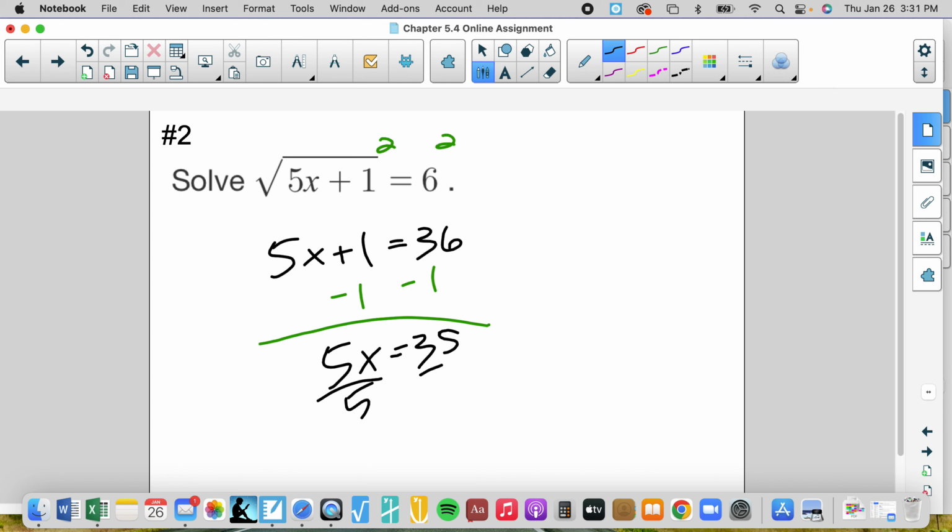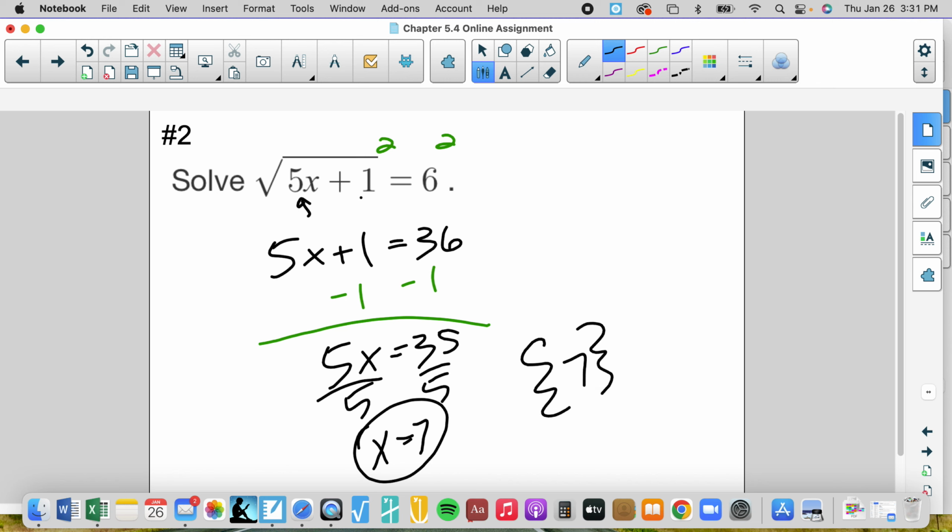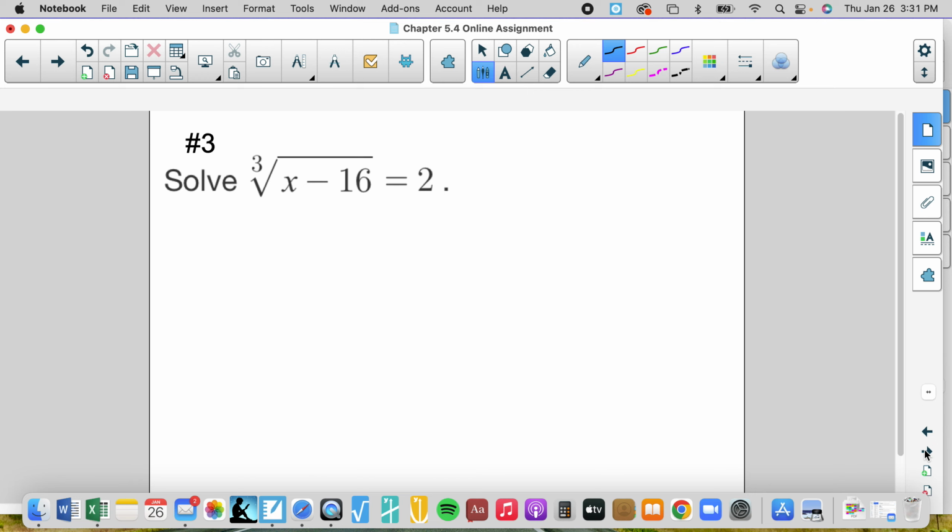Divide by 5, and x equals 7. We can take a peek. 35 plus 1 is 36. Square root of 36 is 6, and 6 does equal 6. So 7 would be our solution. That one's probably the easiest problem in this problem set.